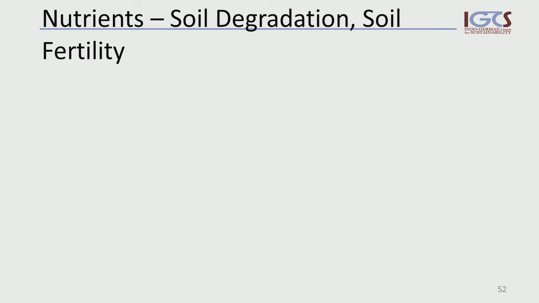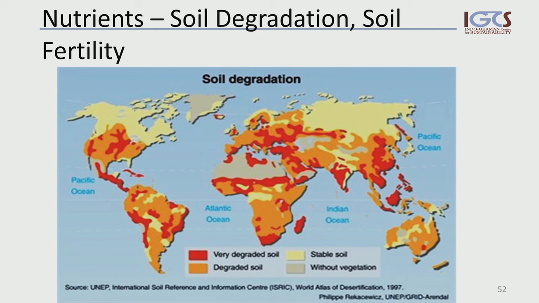Now let's look into the soil degradation and soil fertility. We had looked into soil fertility from what we have in terms of potentials. And this is now a map showing us the soil degradation. The red colors and orange colors show us very degraded and degraded soils, and the gray shows us zones without vegetation, and the yellow colors the so-called stable soil.